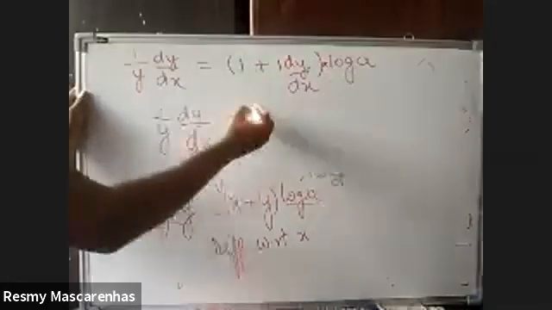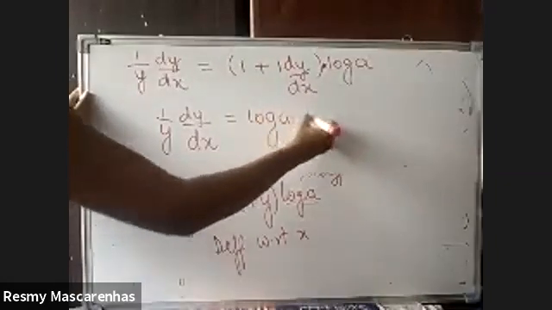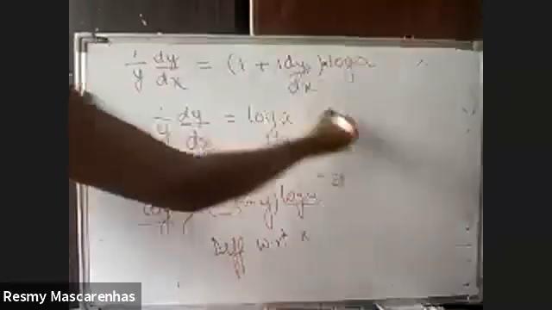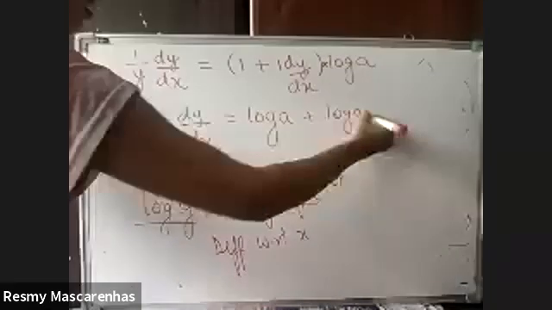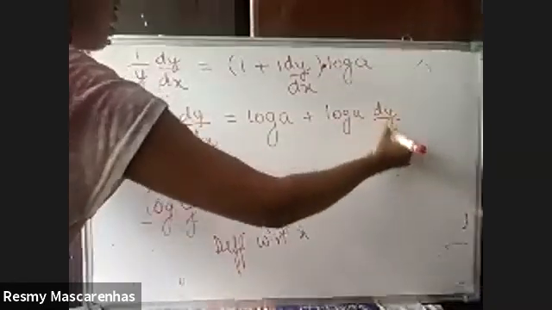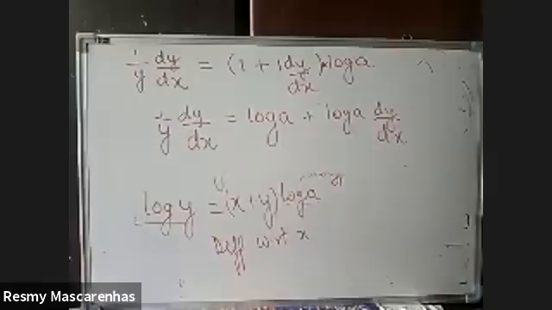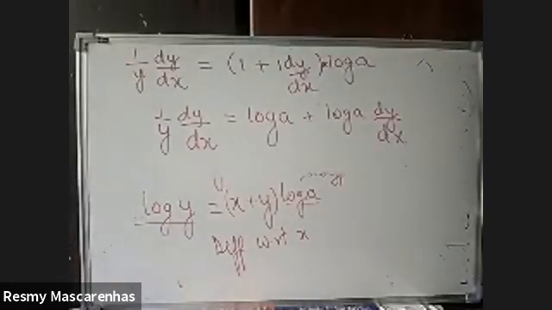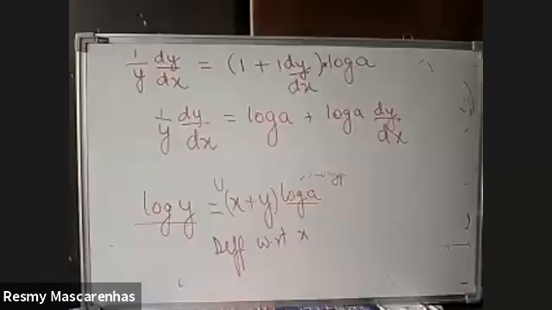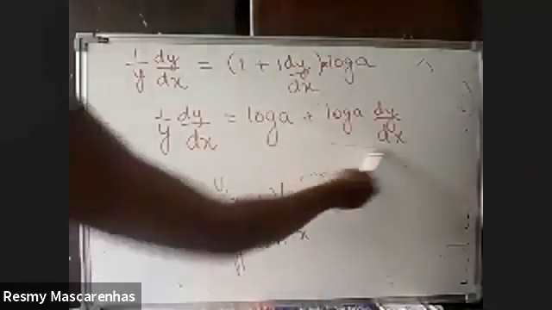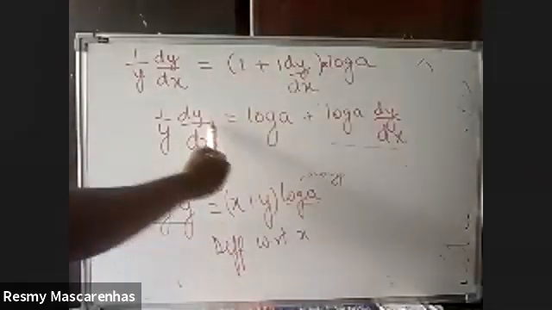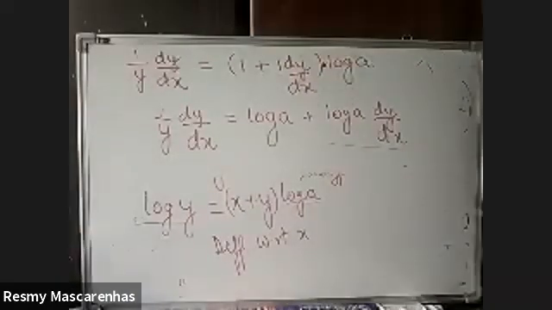Log a will get multiplied to this one also. This is after opening up the bracket. Now take the dy by dx term on the other side. The whole term will go that side and become minus. Then take dy by dx common.